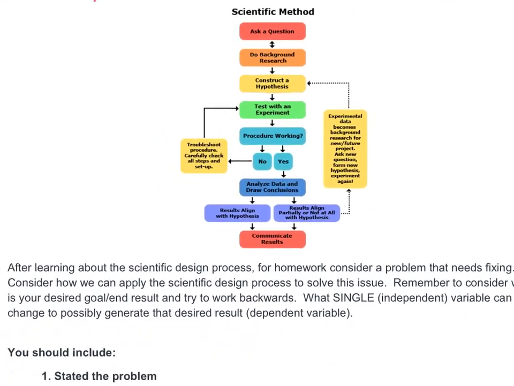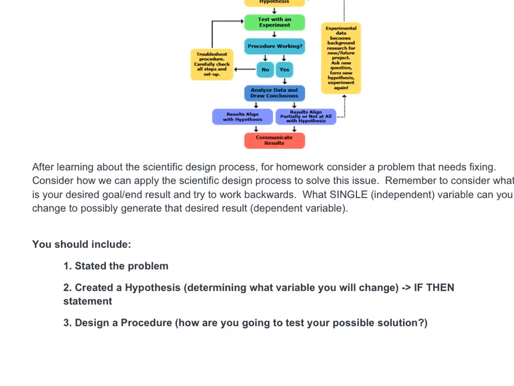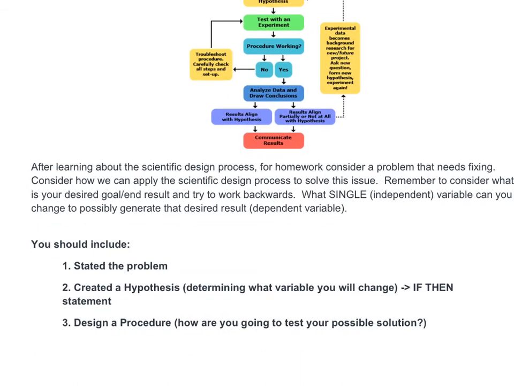So what you guys are going to be doing for the last part of this assignment is we want you to determine what could be a possible solution to a problem, right? As you are doing this, I want you to consider, what are you going to change in your experiment? What is the one single independent variable that you want to change?